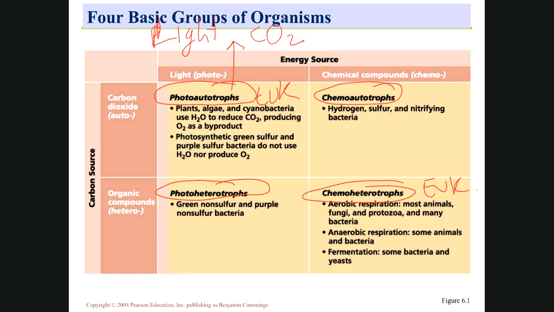Those will be algae, plants. I know plants are not microorganisms though. Those will be your photoautotrophs. Chemoheterotrophs are the organisms that use chemicals as their source of energy and carbon. That will be animals and fungi and protozoans. Plants are the photoautotrophs. That's it.